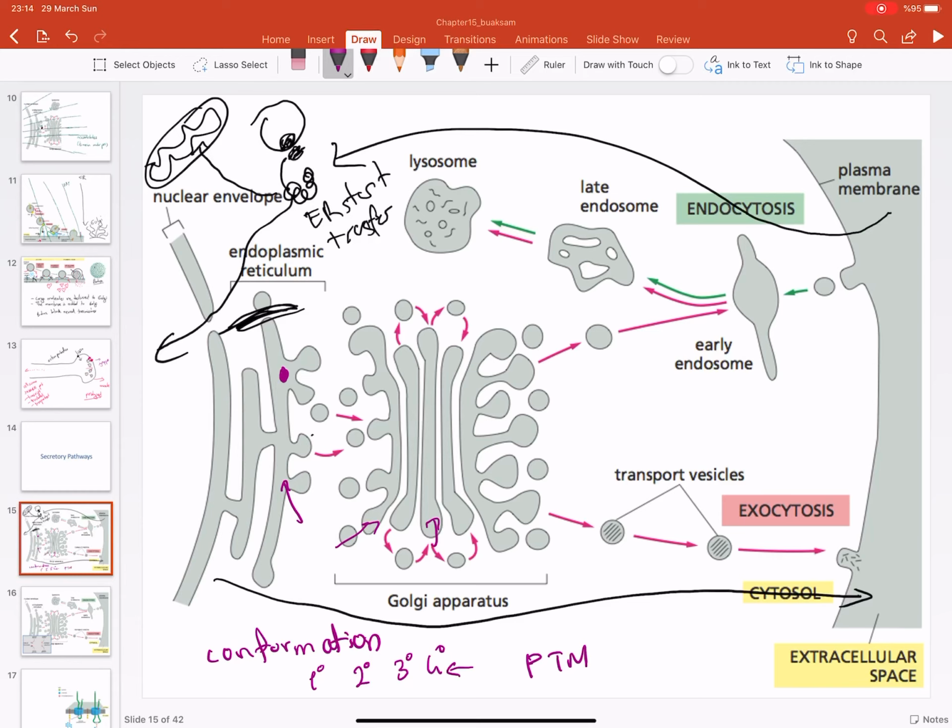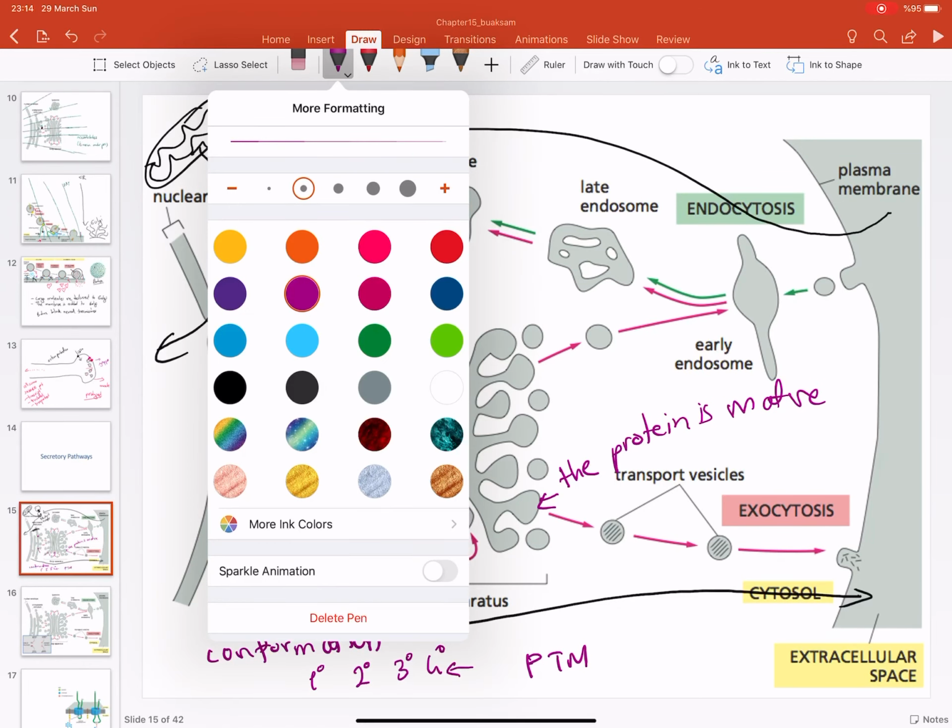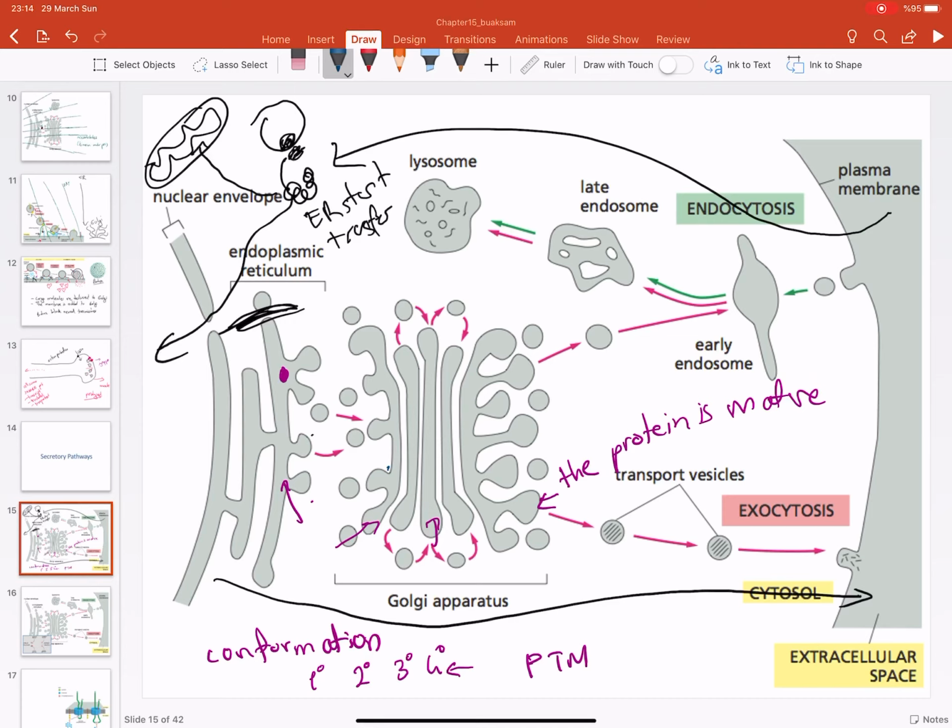So once it's leaving the Golgi, the protein is mature and ready. But all the way, whenever it is transferred from the ER to the cis Golgi, by the way, this part is called the cis Golgi, and when it is transferred in between and to the trans Golgi, in every case it is classified, it is controlled, and it is modified.